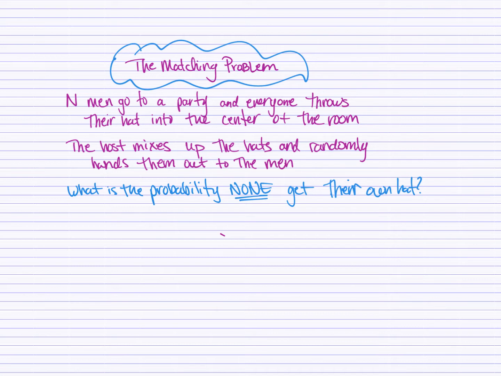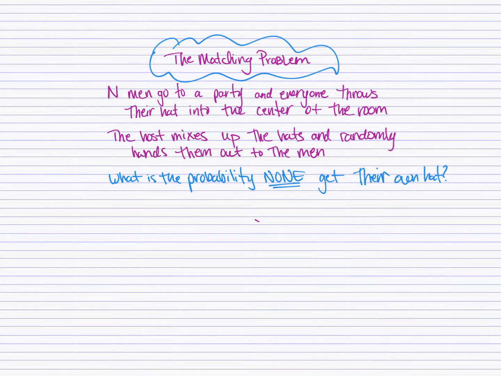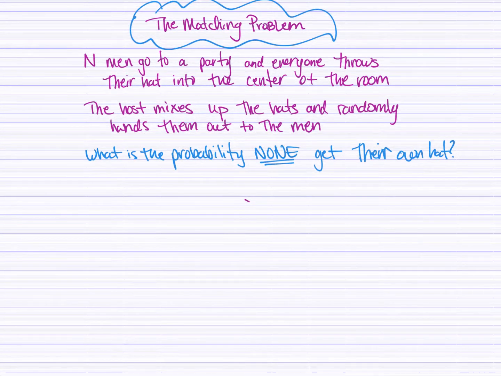Okay, so our goal in this problem is to reframe this so that we can utilize that identity. All right? So sometimes, as we have talked about before, it is easier to solve a question by finding its complement, right?